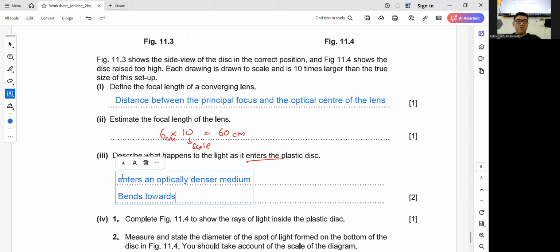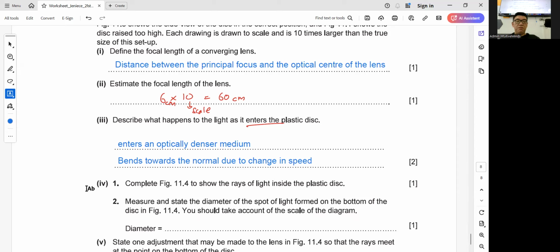Bends towards the normal due to a change in speed. So you get 2 marks, 1 mark for each. You're asked to describe, so that's about it.